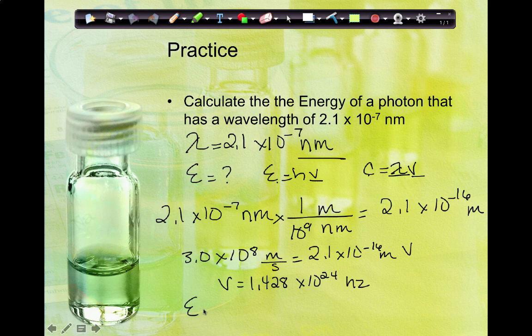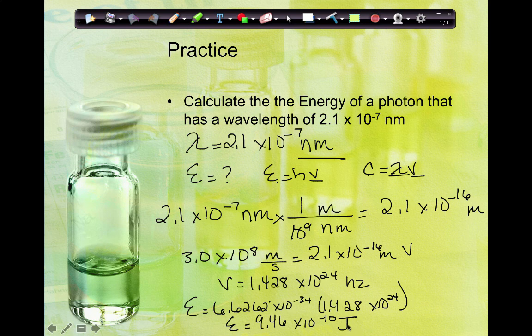So energy is equal to Planck's constant multiplied by my frequency. So my energy here is going to be equal to this, 9.46 times 10 to the negative 10th joules. All right, so now let's take a look at something a little bit different.